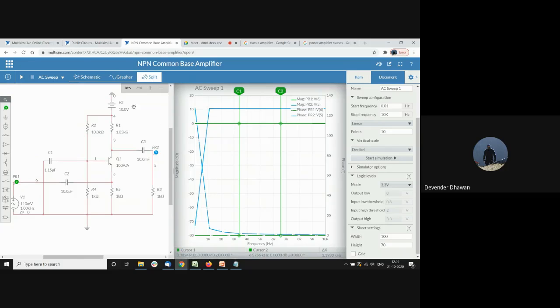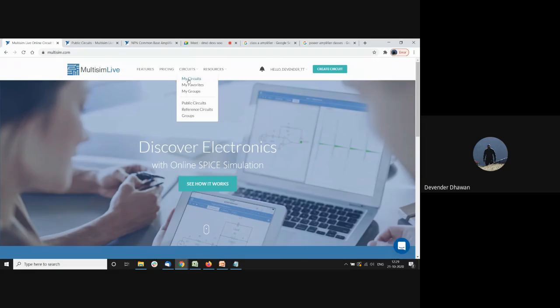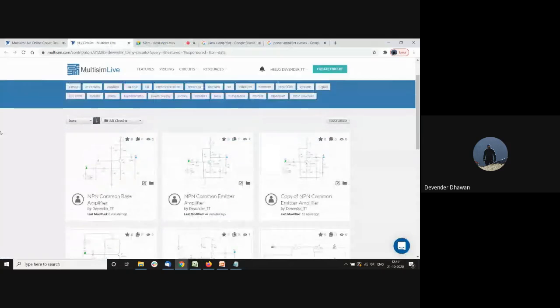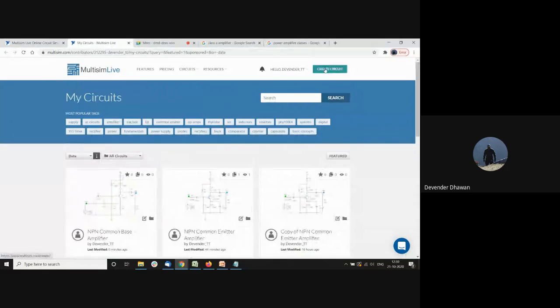Okay, so this one is saved, and if I go into my circuits now, I should be able to see this one here, common base. So now our next circuit is going to be the common collector circuit.